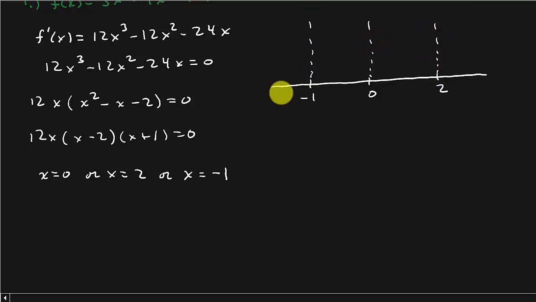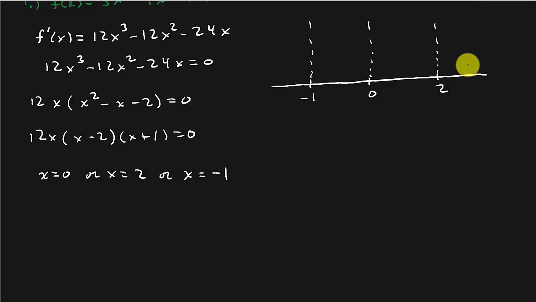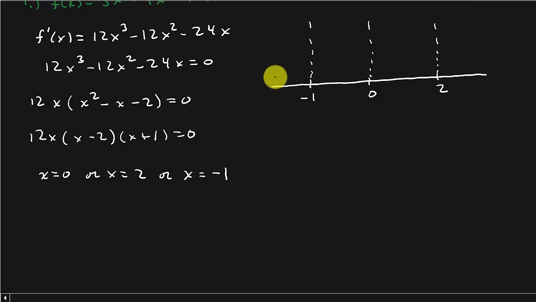In this case, it breaks the number line up into 4 regions, and we need to pick a number from each region. So let's choose x equals negative 2, x equals negative 1/2, x equals 1, and x equals 3.